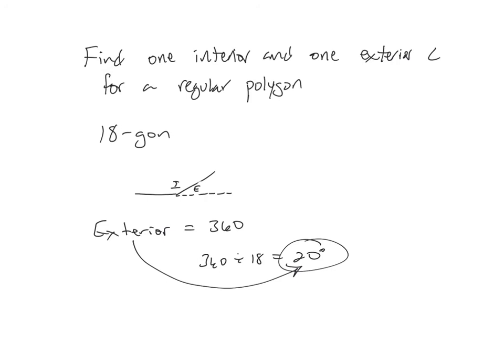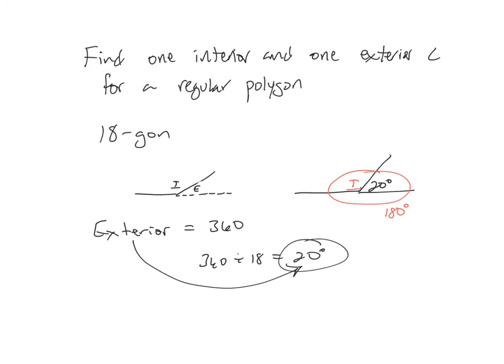Okay. Well, coming back to this picture, I'm going to make it a little bit bigger just to be able to write. If that's 20, well, that interior angle, that's a linear pair. It's going to combine for 180 degrees.